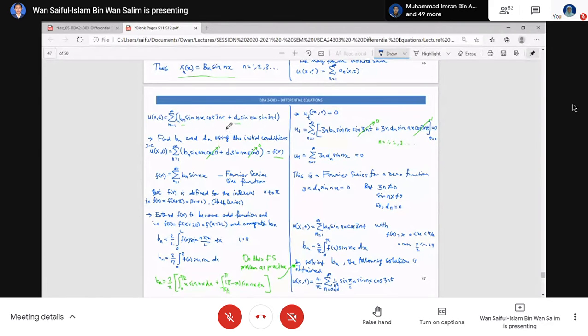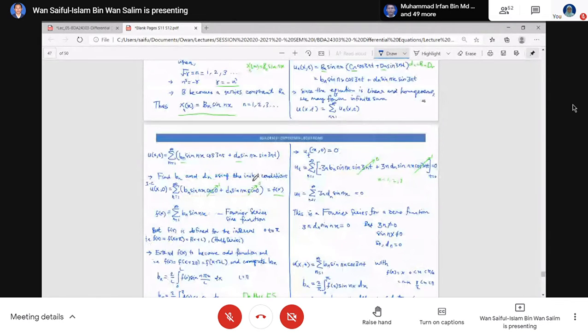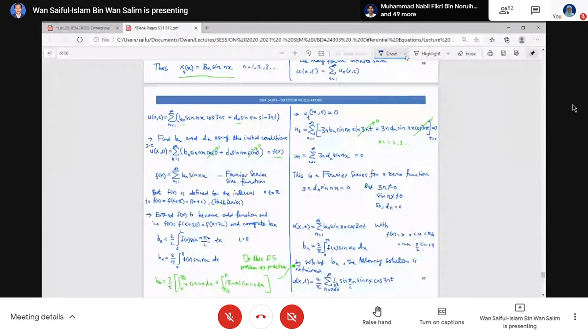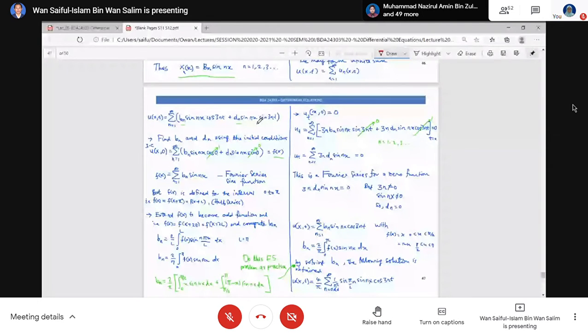We now use the other information given to us, in the form of initial conditions. The first initial condition says that u at any given x at t equals 0 is equal to a function f of x.